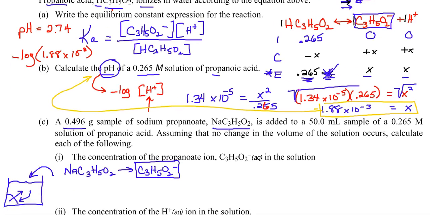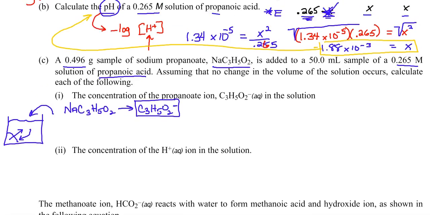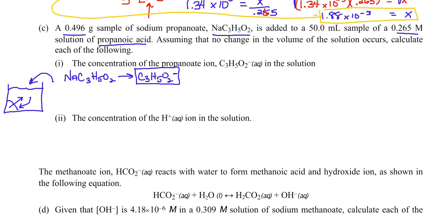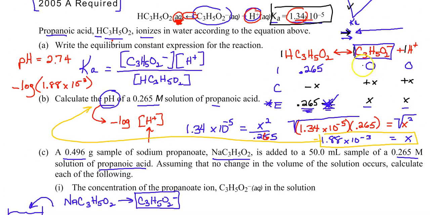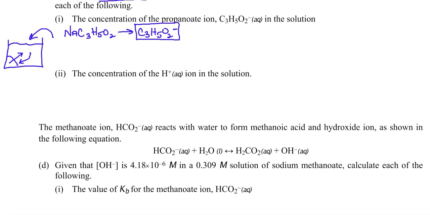So what we're going to do is take a solution of 0.65 molar propanoic acid, which we just worked with in the same question above to find its pH, and now we're going to essentially add some conjugate base to the mix. We have a buffer party, people.